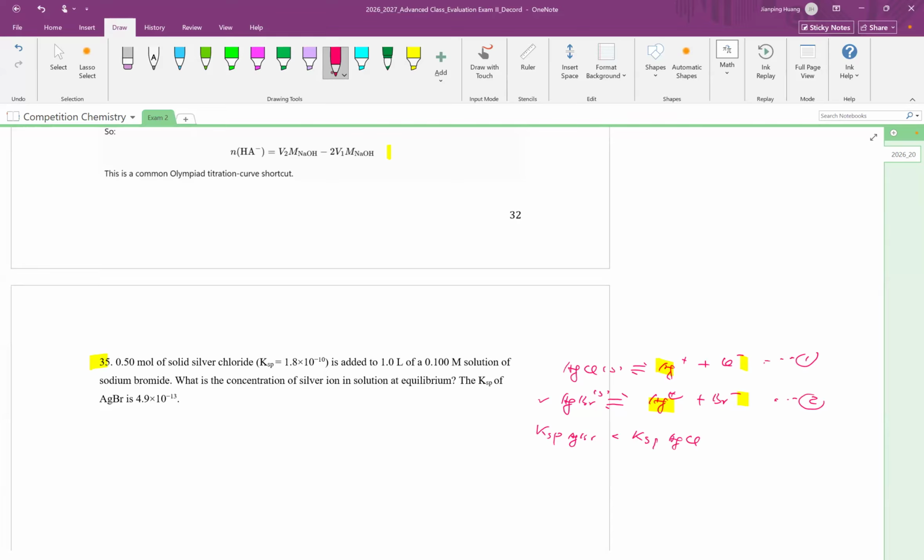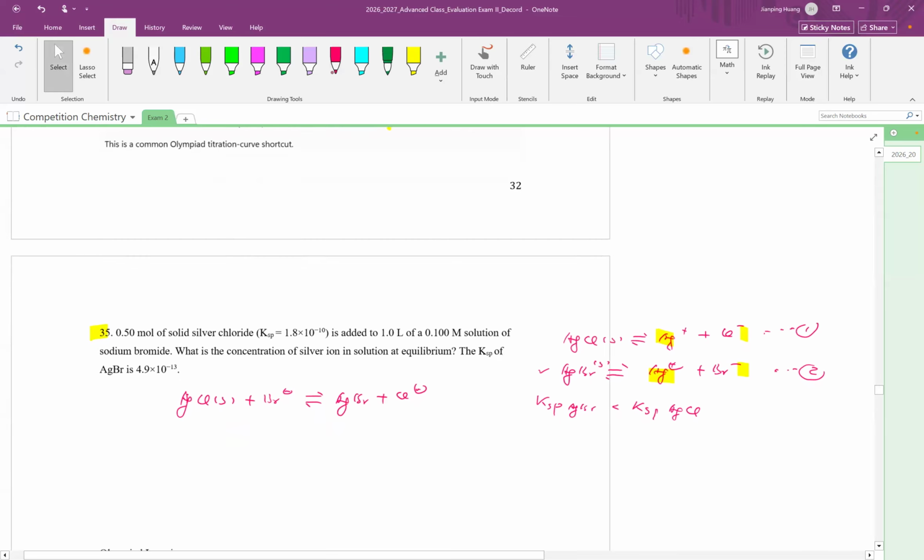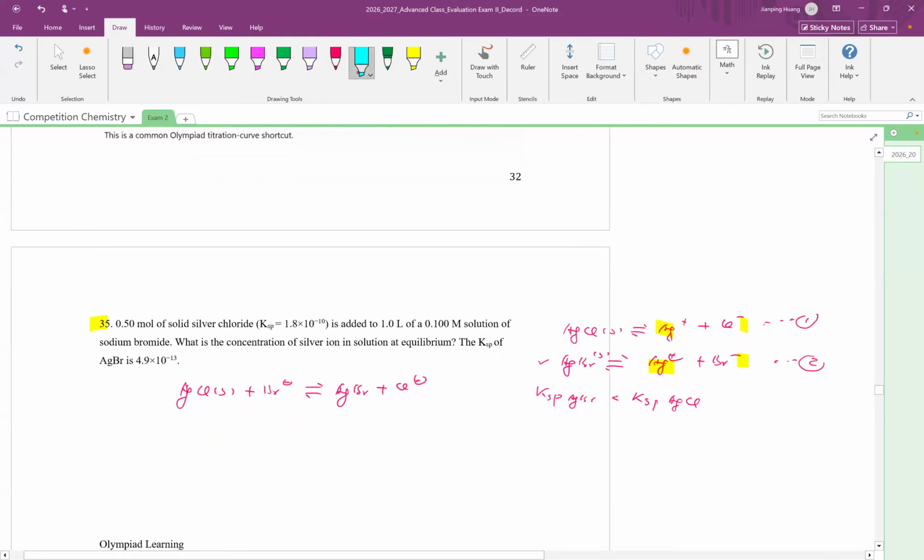We are going to reverse equation 2, then add the equations, which becomes equation 3. Then you add it, you get what? Equilibrium, okay? This is a very interesting question. So this one will dissociate.